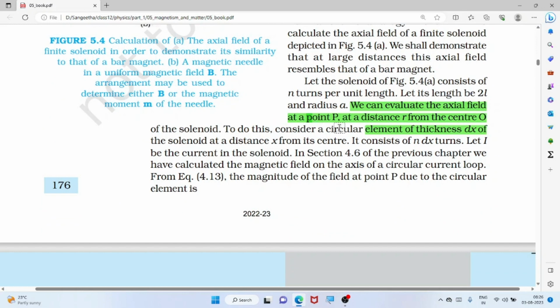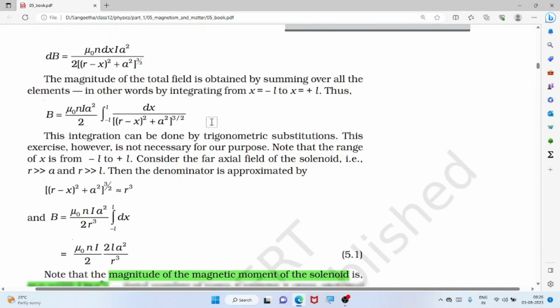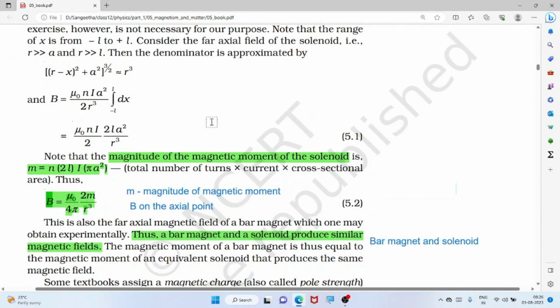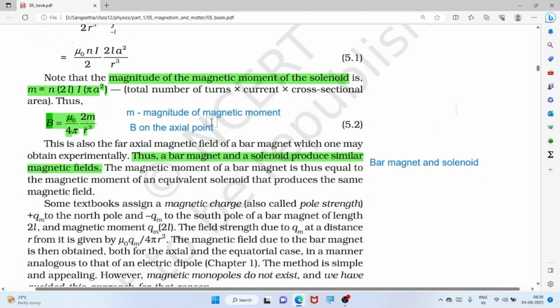The axial field at a distance, for the solenoid. This is for the axial field, because a solenoid has axial field only.